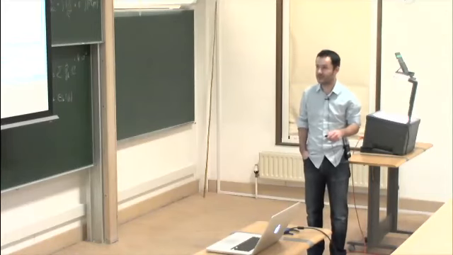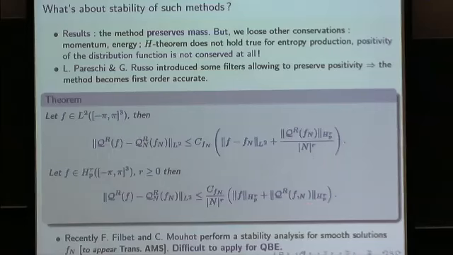But now, if the distribution function is smooth enough, you get this estimate where you see that the rate of convergence only depends on the smoothness of the distribution function. So when you change R, assuming more regularity on the distribution function, then you improve your accuracy. So this is typically spectral accuracy, where the order of accuracy is not fixed by the numerical method, but only depends on the smoothness of the function that you approximate.